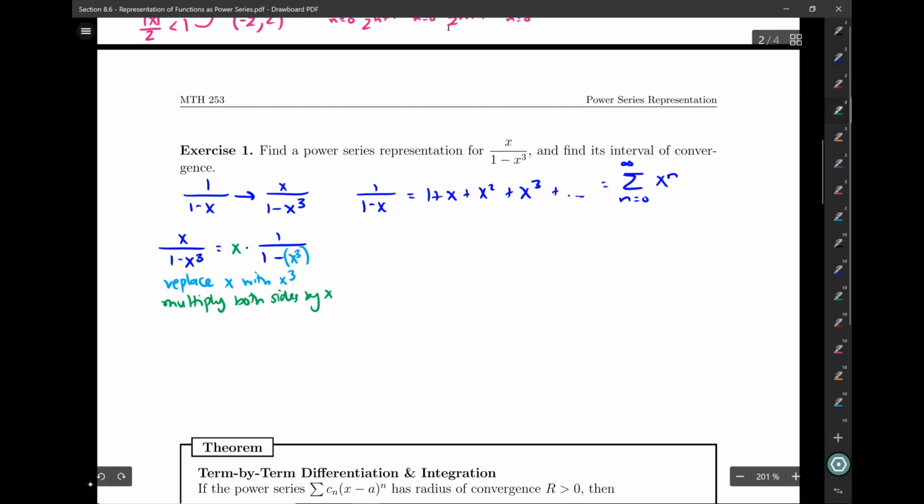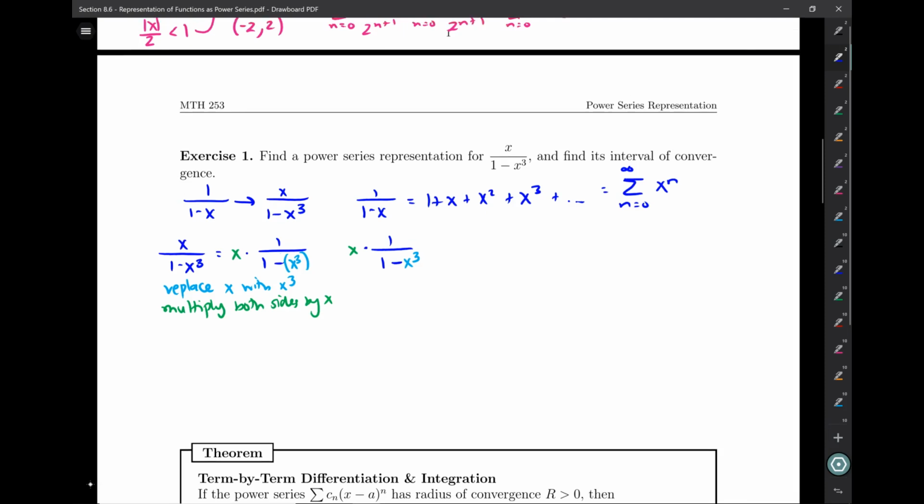And so we're going to try to now create x times 1 over 1 minus x cubed. You can do this in one step, or you could do this in 2 steps. I'm going to go ahead and do it in 1 step, hopefully. I know I just said I like to show as many steps as possible. How hypocritical of me. So we're going to multiply both sides by x.